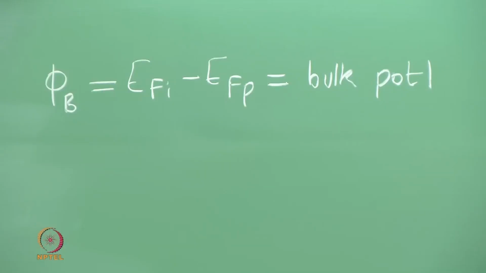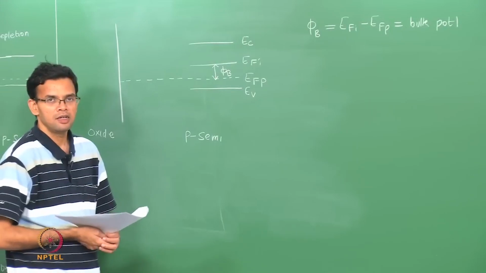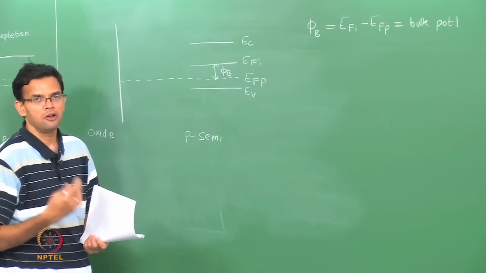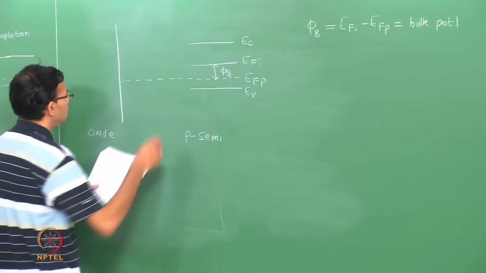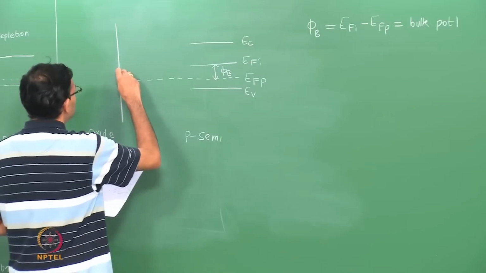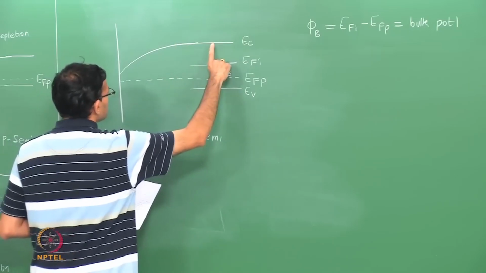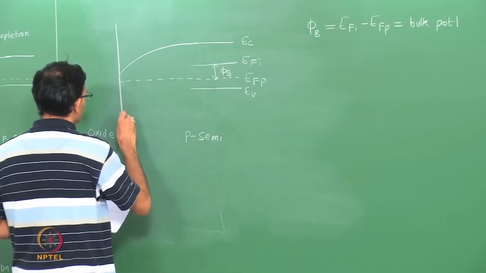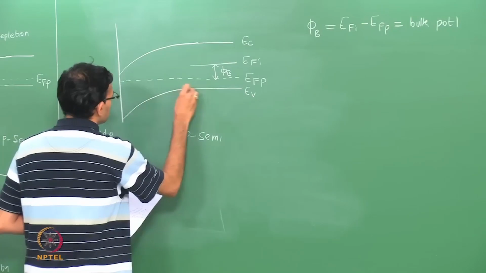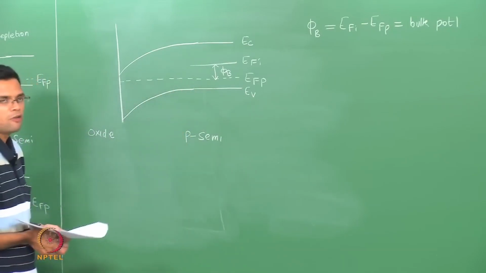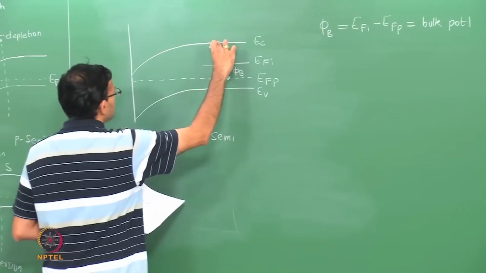So, now we have applied a potential such that you have an inversion layer at the surface and you also have a depletion layer. So, I will also draw EFI.